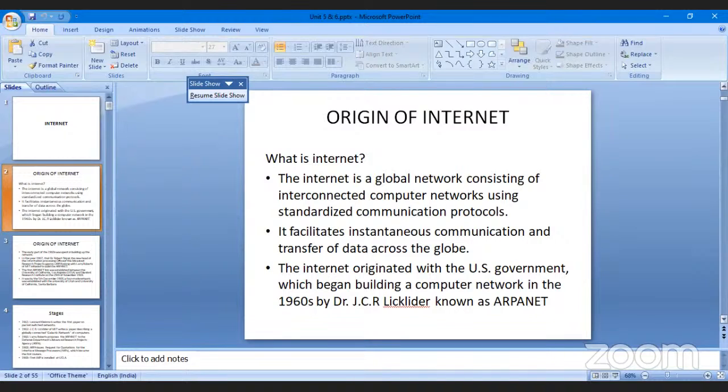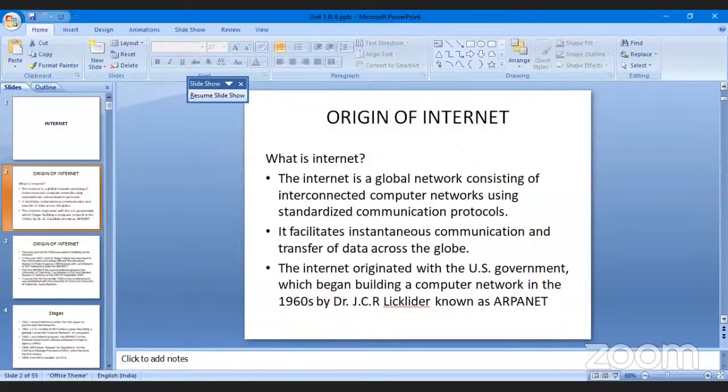All the computer networks across the globe have one particular communication protocol, and this helps in networking different regions within no time. It facilitates instantaneous communication and transfer of data across the globe. The internet helps in instantaneous communication.